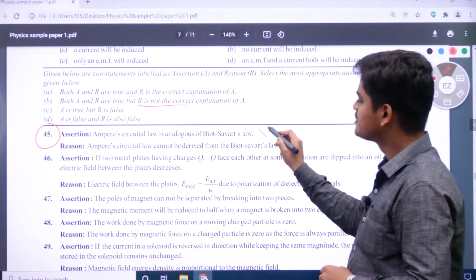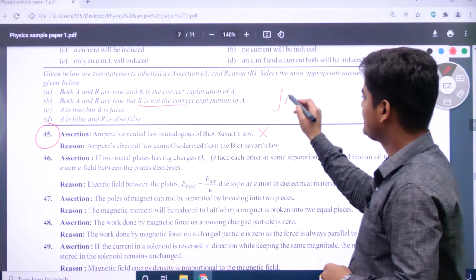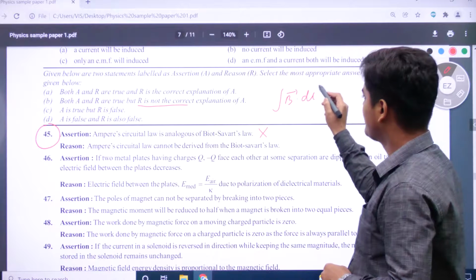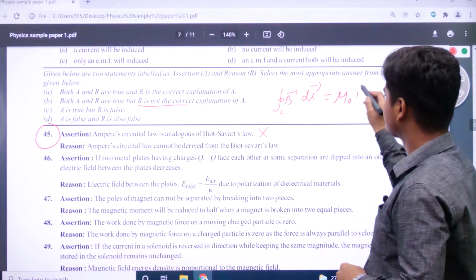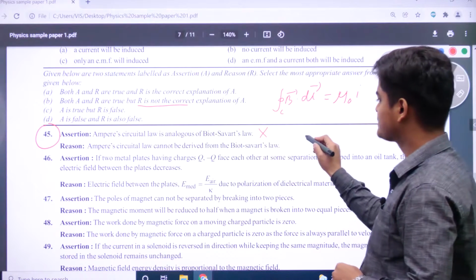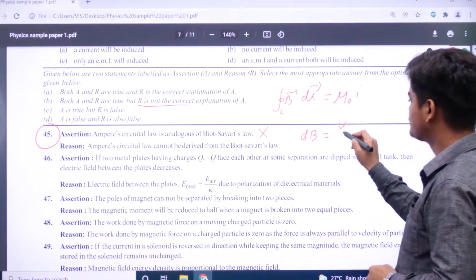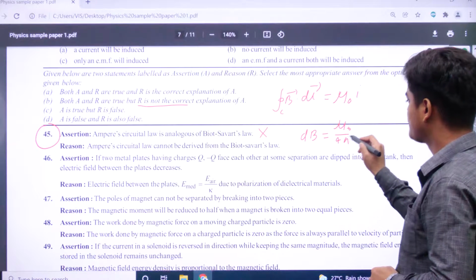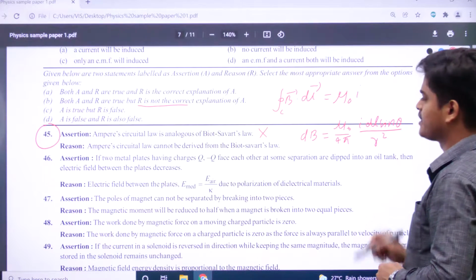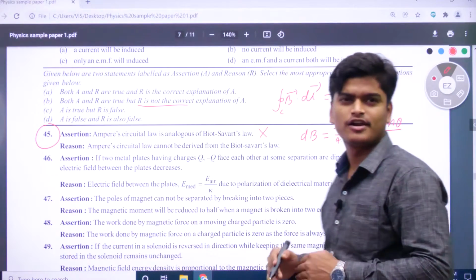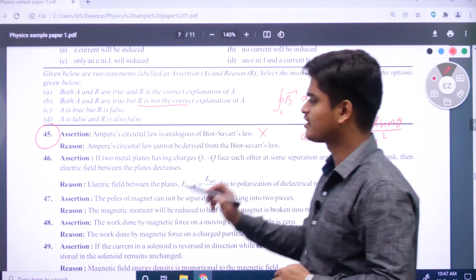Actually this statement is not correct, because Ampere's circuital law is basically the integration of B dot dl, the line integral, which equals mu naught I. And Biot-Savart law, in magnitude form, is dB equal to mu naught by 4 pi, I dl sin theta divided by r square. So this law is not analogous to that. This statement is not correct.